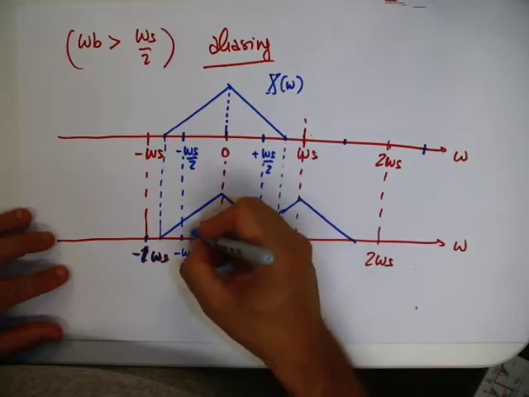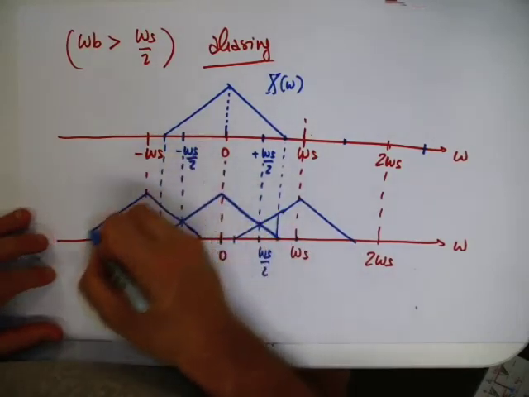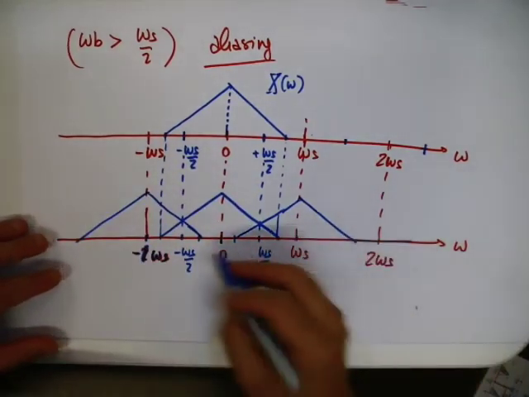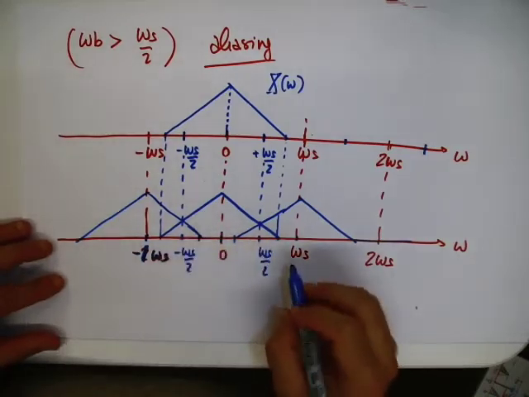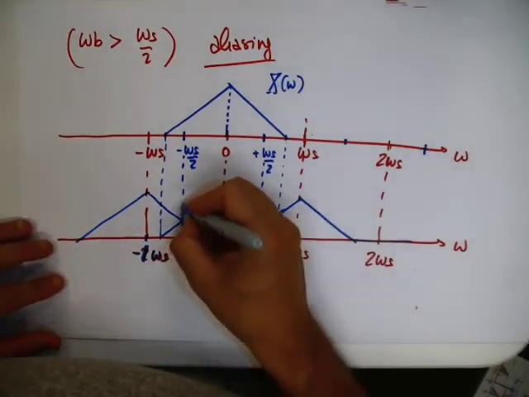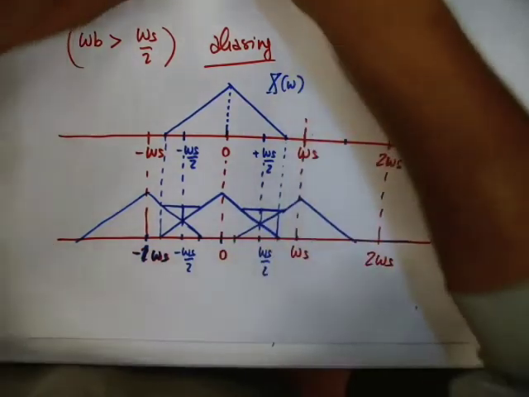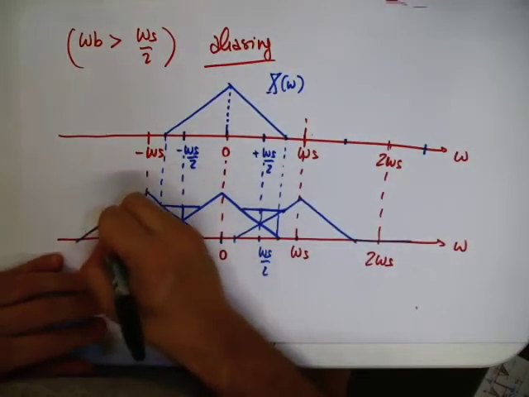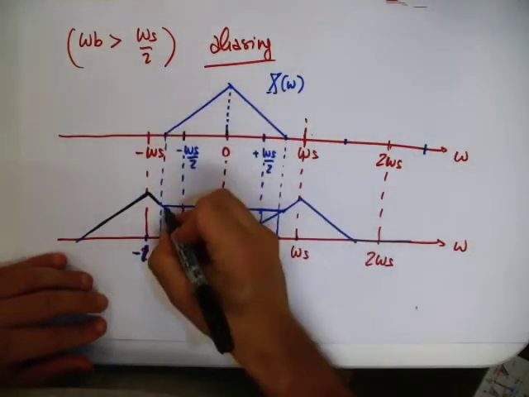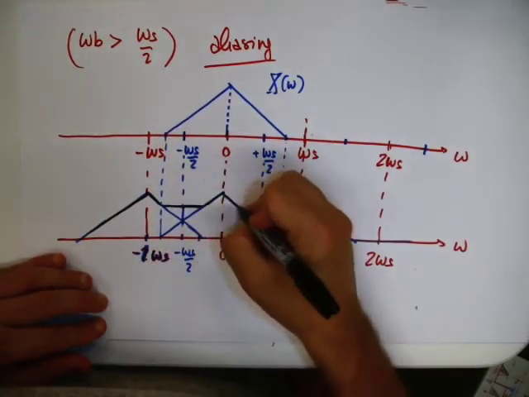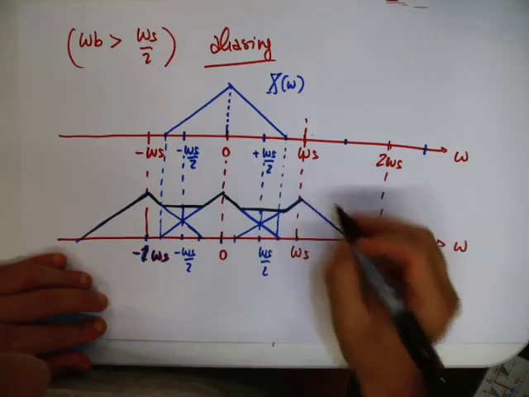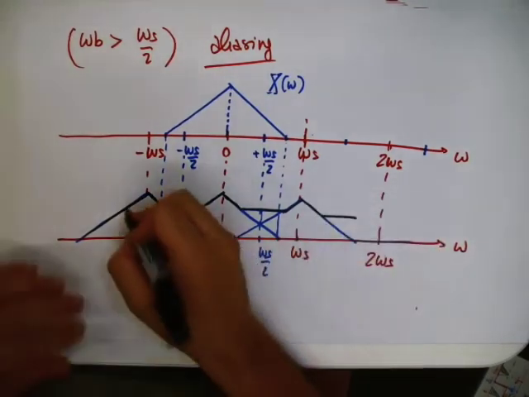So you see that now there is an overlapping region, and at this point the spectrum doubles the amplitude. So that's what we get, and so on, okay?